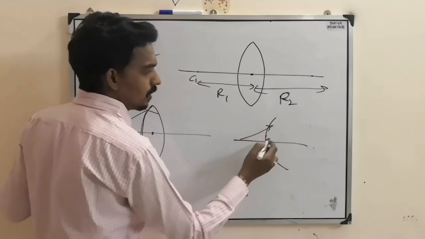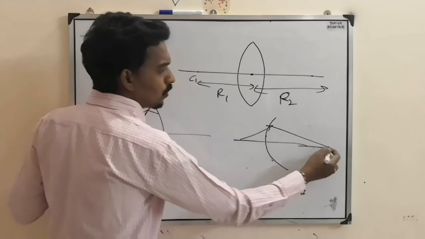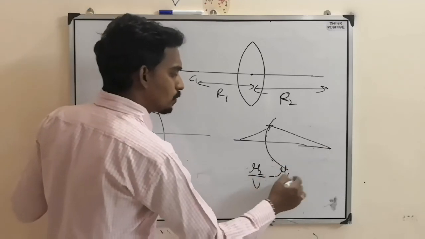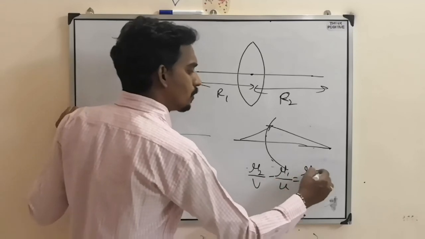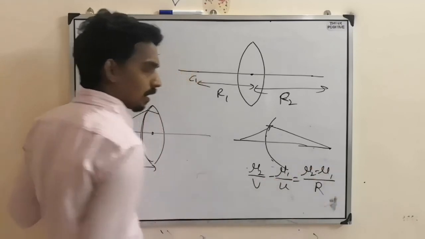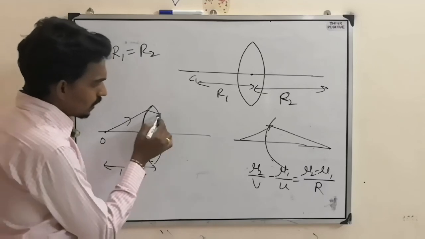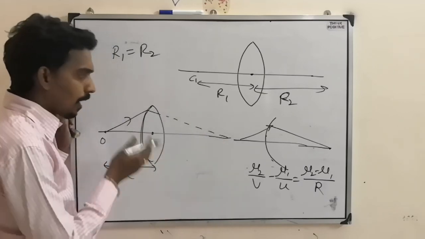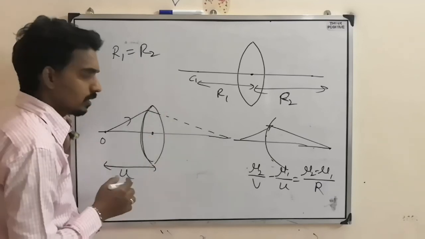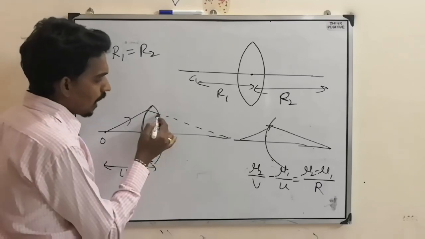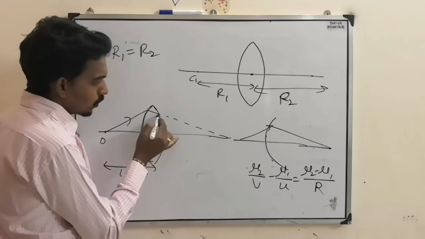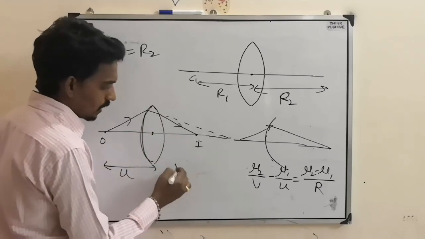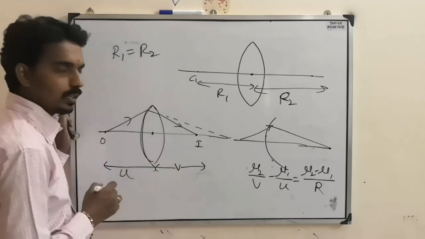Now somewhere the image should form, and the formula was mu2 by v minus mu1 by u equal to (mu2 minus mu1) by R. But here this image will not form. That forms as a virtual image, which acts like a virtual object for the second surface, so that here again refraction takes place. So the final image forms here at a distance v.